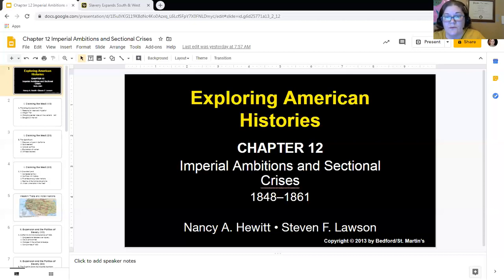And this is really important when we consider the social dynamic of the South. You have a very small population that's very wealthy. And then you have a larger population that's not as wealthy. But the majority of people are low-income earners. They're very poor. They might be yeoman farmers.